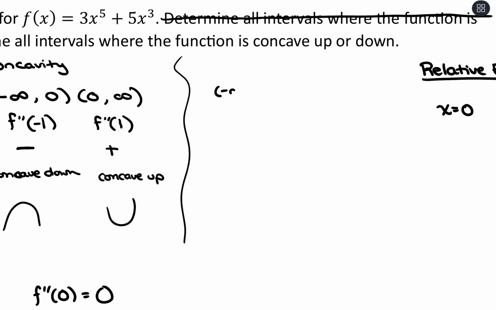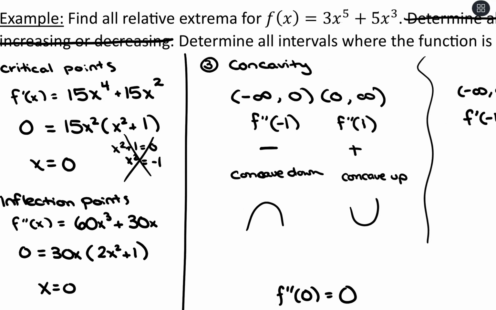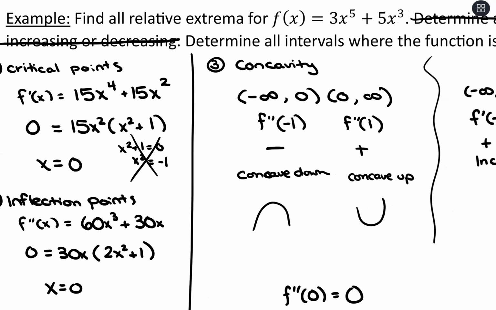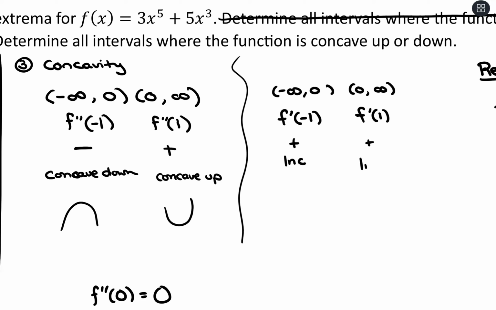So same intervals of negative infinity to 0 and 0 to infinity, but now I'm going to take a look at what's happening from our first derivative, and let's go ahead and plug in negative 1 and positive 1 into the first derivative. At negative 1, that should be positive, so our graph is increasing. And for our first derivative at positive 1, that should also be positive. So notice it doesn't change from increasing to decreasing. It's going up and then it keeps going up.